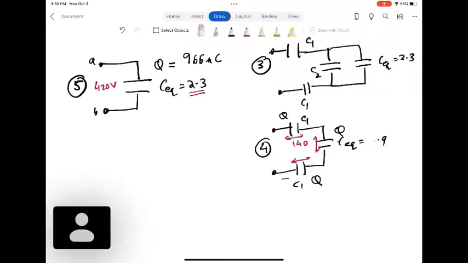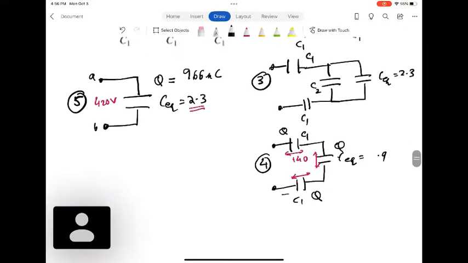So in diagram 3, we have, instead of C equivalent from diagram 4, now we are back to C2 and the other C equivalent. So these two, the C2 and the C equivalent in diagram 3, must have the same potential difference as the C equivalent in diagram 4. In other words, the potential difference across C2 over here, as well as across C equivalent, is 140 volts.